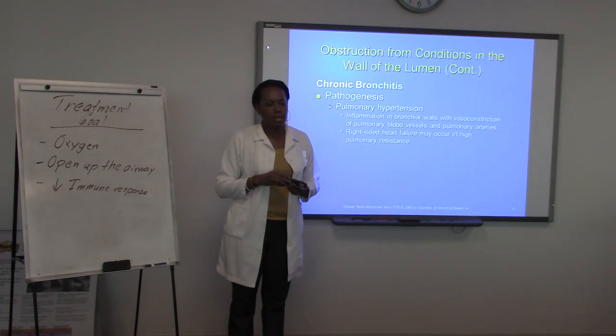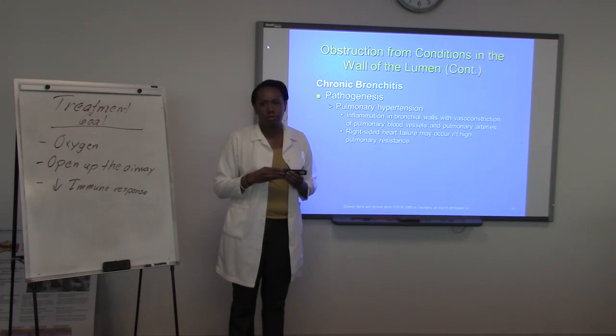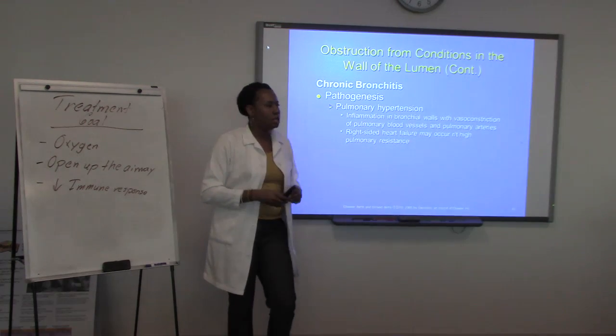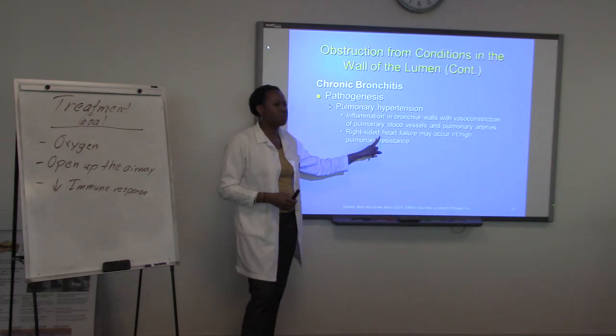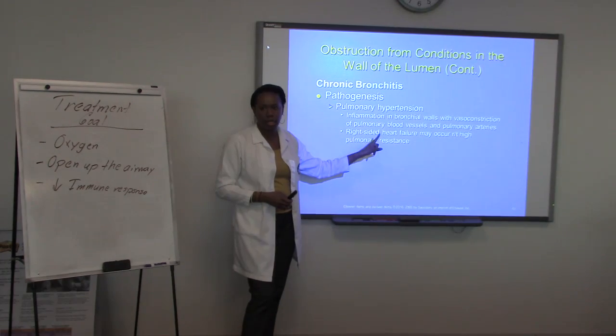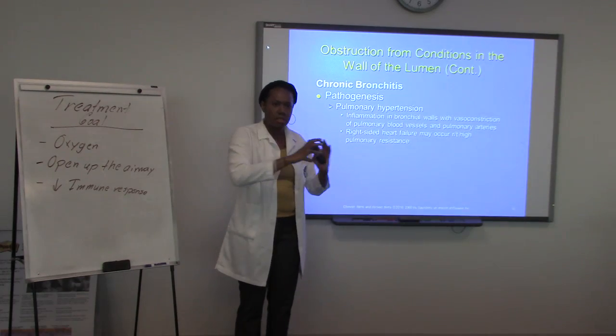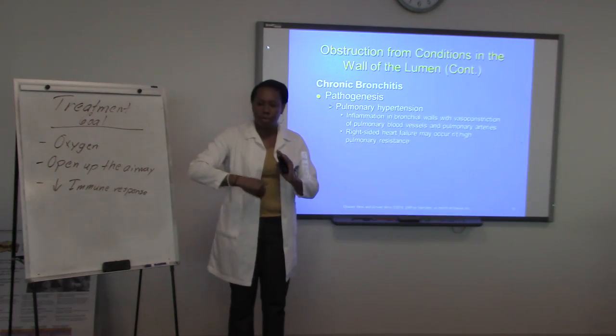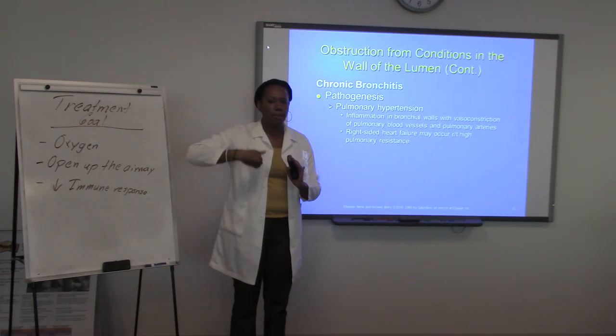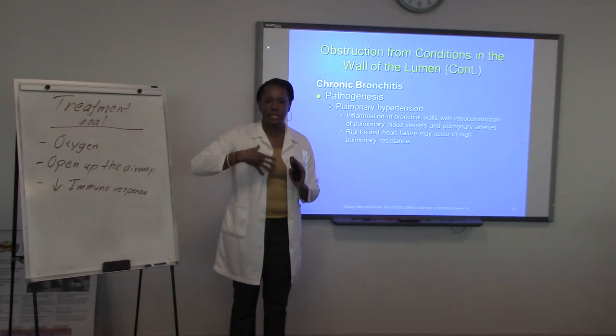If we're backing up in the pulmonary, the right side of the heart will be affected. So these patients could lead to right-sided heart failure. Okay, so just understand that pulmonary resistance leads to pulmonary hypertension. Pulmonary hypertension, backing up that blood in the right side, can lead to right-sided heart failure.